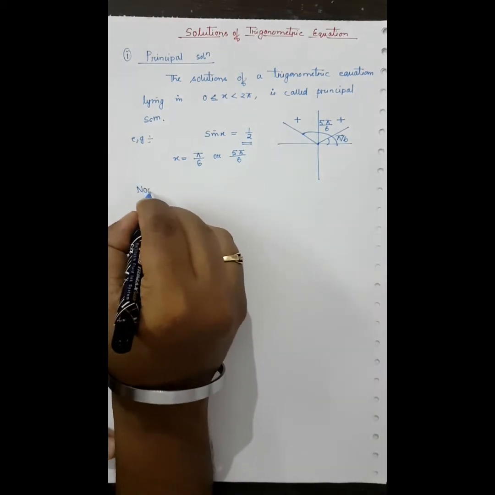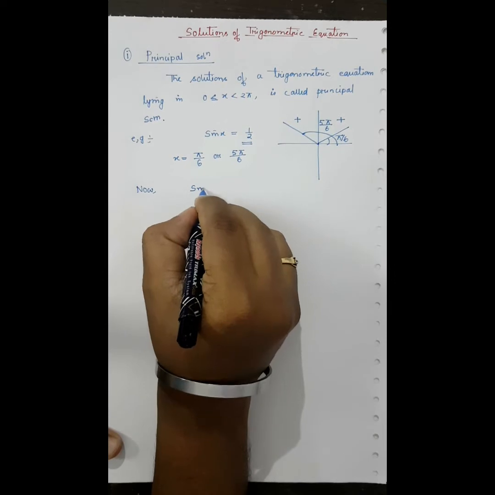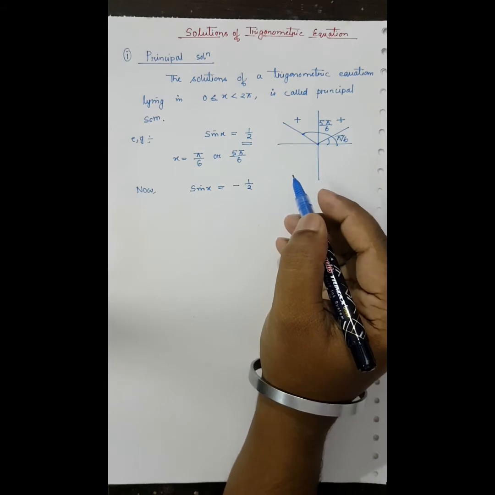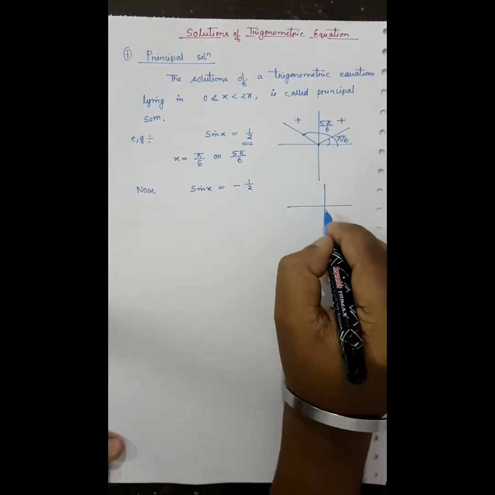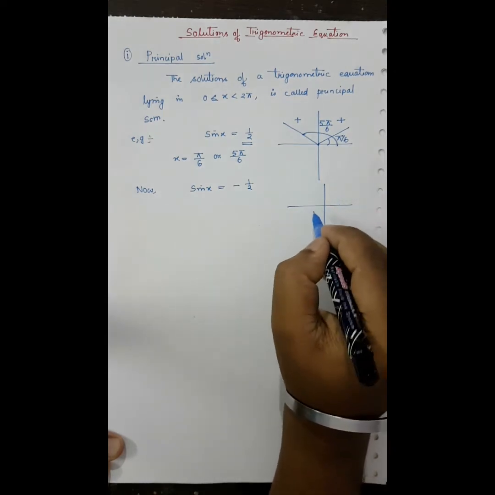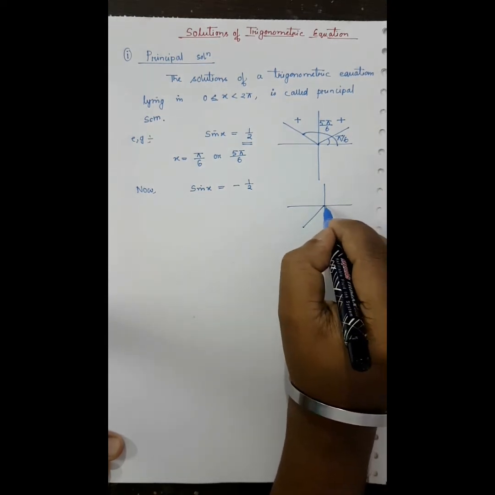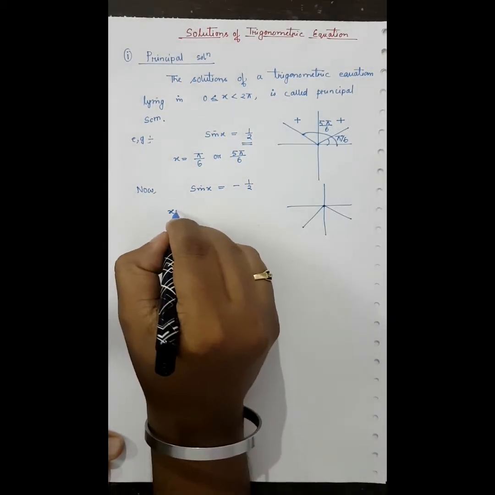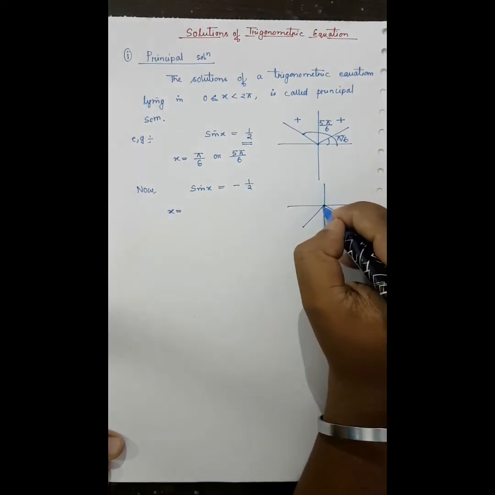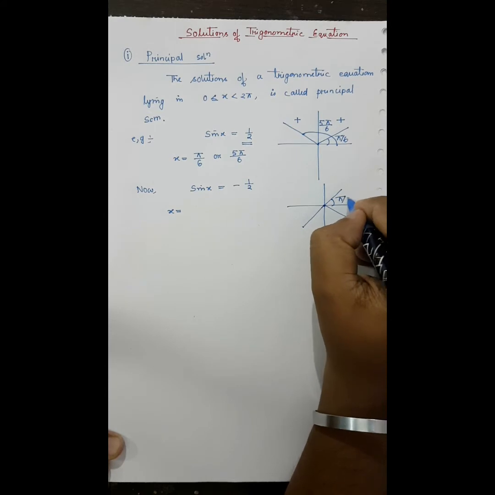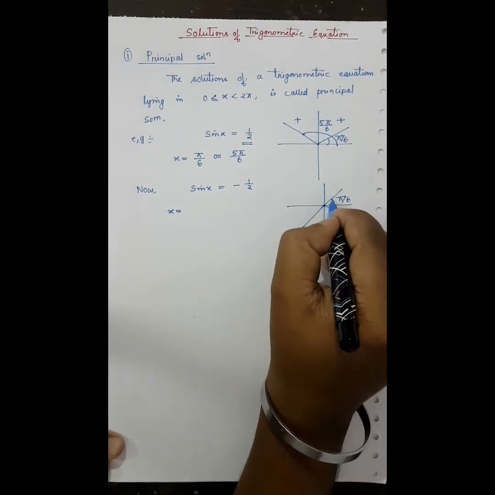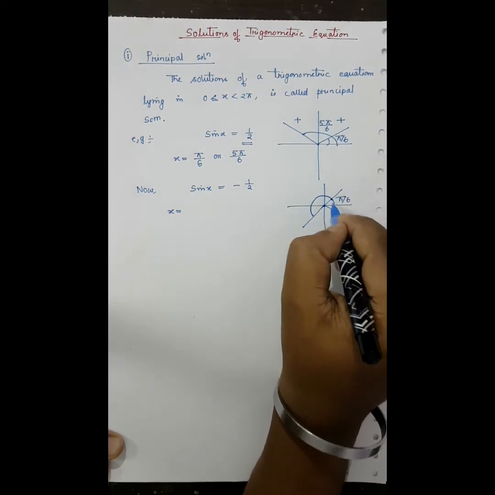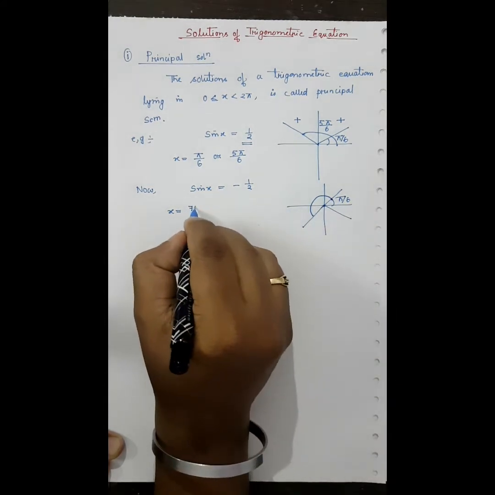Now, if you are given sin x is equal to minus half, note that sin x is negative in third quadrant and fourth quadrant. When the angle lies in third quadrant or fourth quadrant, the value of sin x will be negative. Now here it is, this is your pi by 6. To get negative value, I have to go to third quadrant. If I add pi to this angle pi by 6, I will get 7 pi by 6.